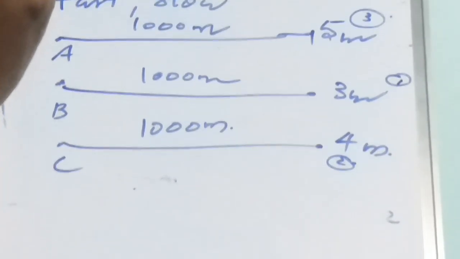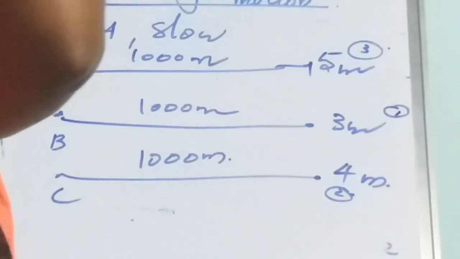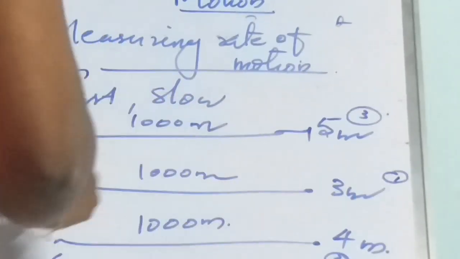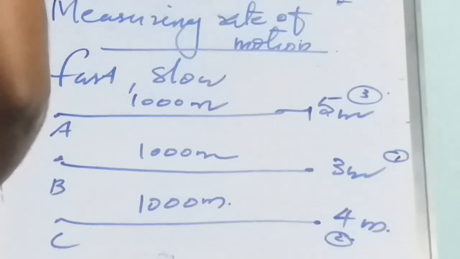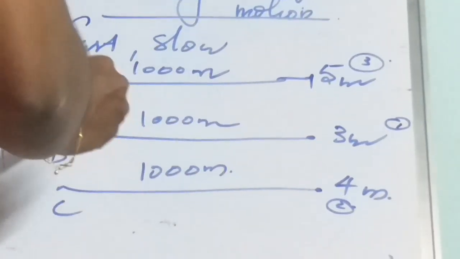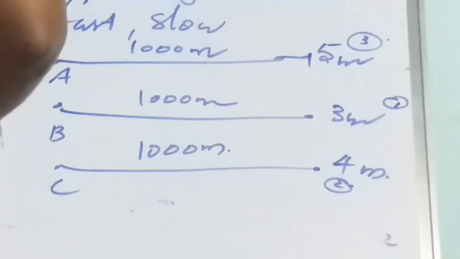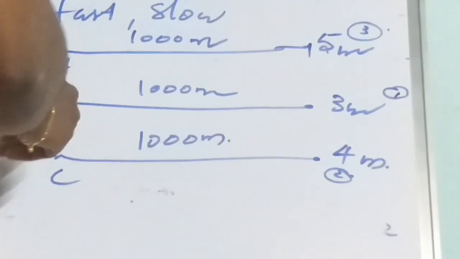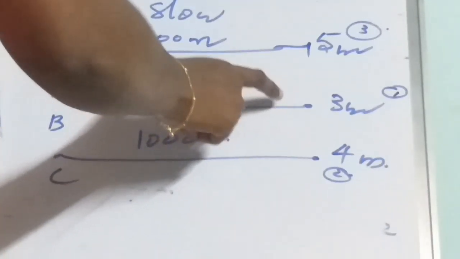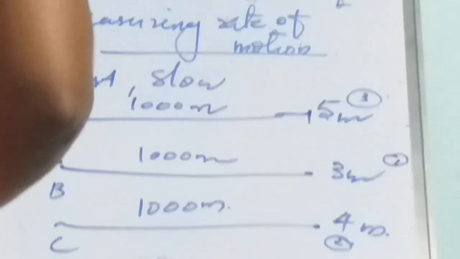As the time taken by B is least, we can say athlete B is the fastest. She takes less time to cover a particular distance. Among the three athletes, B takes the least time to cover the 1,000-meter race.